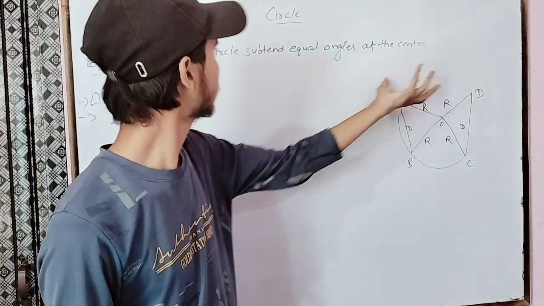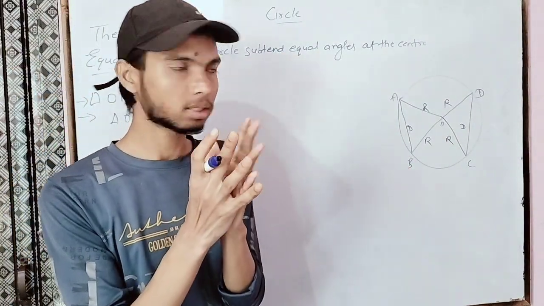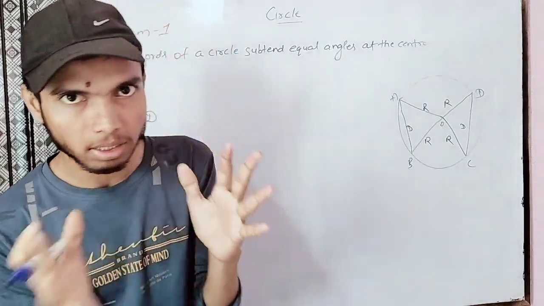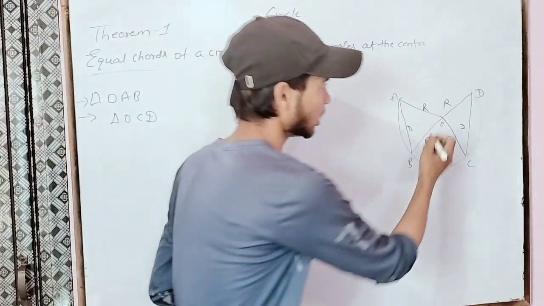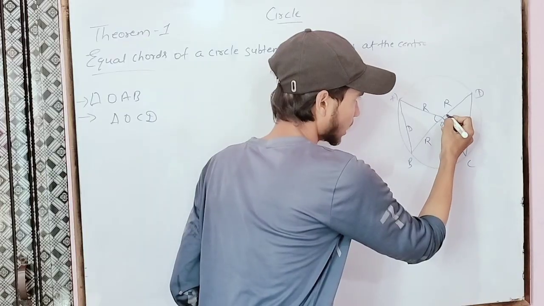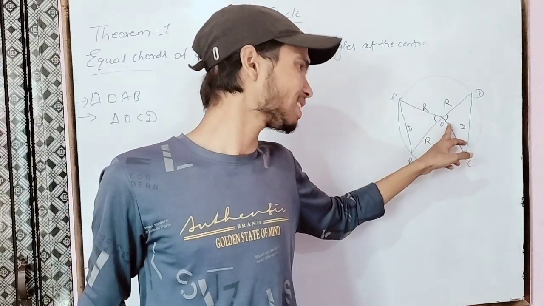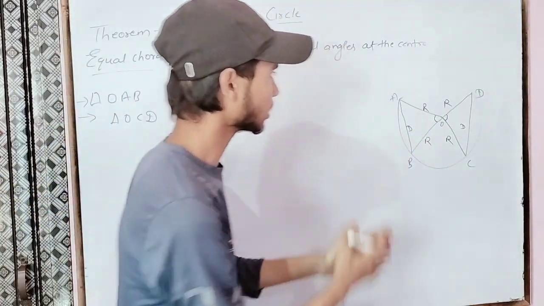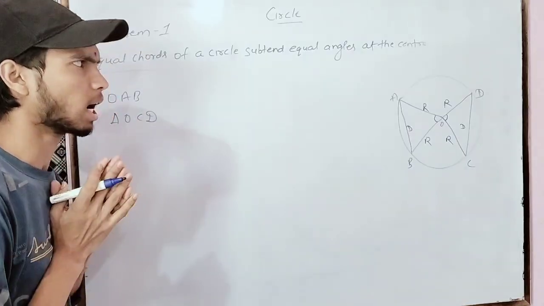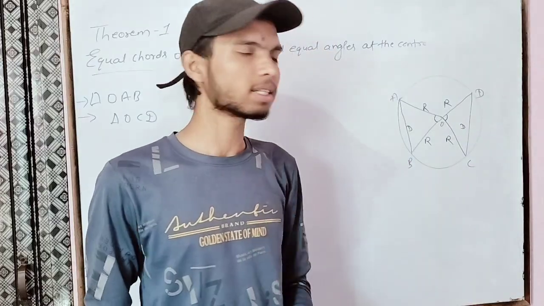Now the statement is saying equal chords of a circle subtend equal angles at the center. So this is angle 1 and this is angle 2, angle 1 for this triangle and angle 2 for this triangle. I am saying that the angle of this is, let's say, 60 and the angle of this is 60.